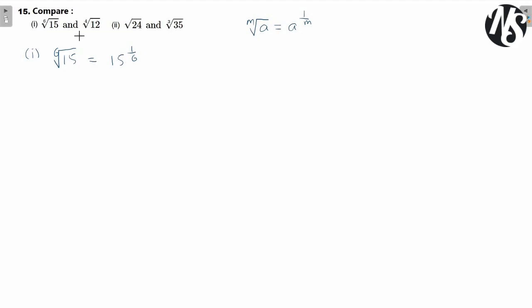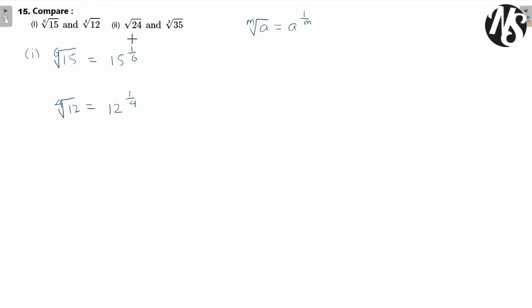Similarly, this is the 4th root of 12. Can I write this as 12 to the power 1 by 4? Yes. Now, how do we compare such things?